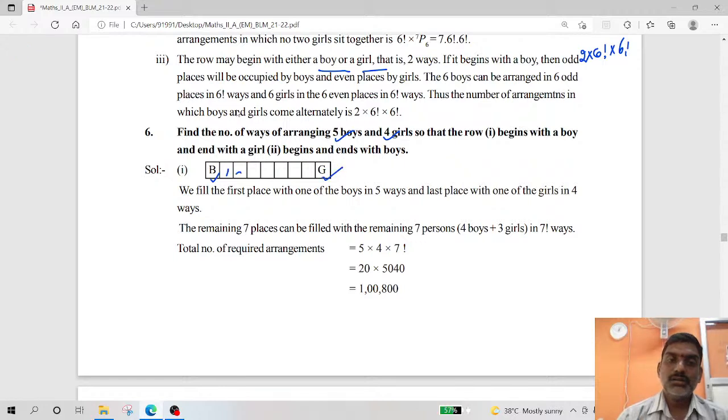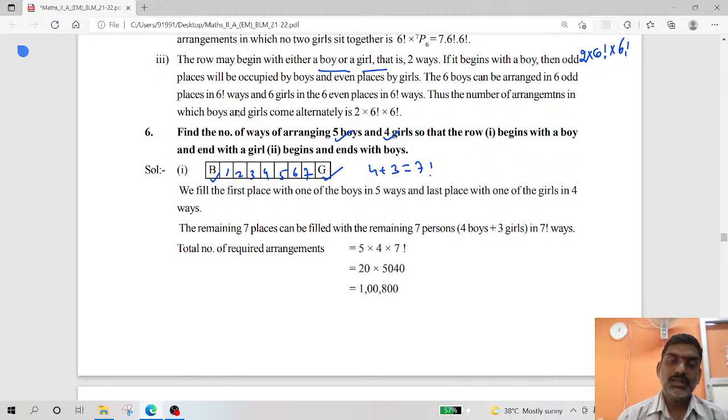In the middle, 7 places are left, and 4 boys and 3 girls, totally 7, are there. So into 7 factorial. Understood? We first fill the first place with one of the boys in 5 ways, and the last place with one of the girls, that is in 4 ways.